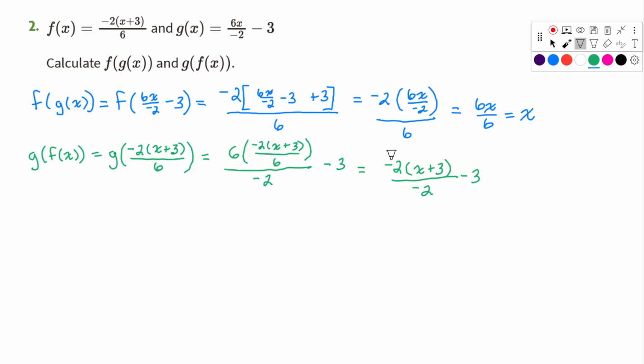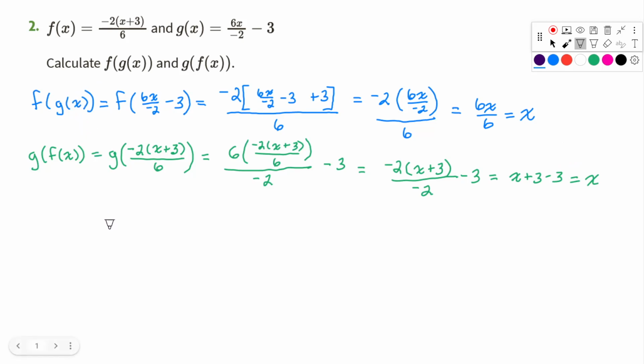We can simplify the negative 2 divided by negative 2, which is 1, leaving us x plus 3, subtract 3, which simplifies to x.